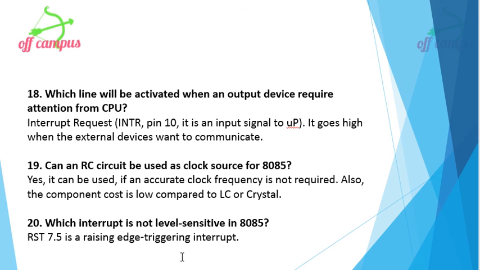Then question number 18. Which line will be activated when an output device requires attention from the CPU? Interrupt request, that means INTR. INTR will be activated when an output device requires attention from the CPU.